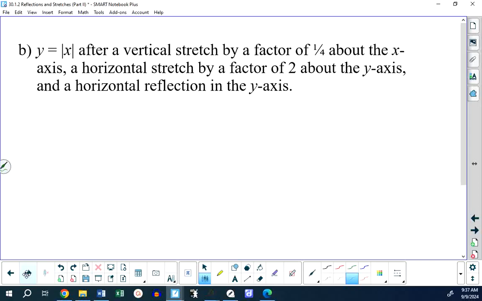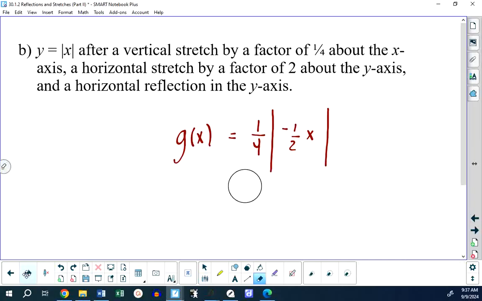I would say that if you're on top of your game and you have learned what you need to learn in this lesson, that you should be able to determine the new function g of x is 1/4 times the absolute value of -1/2 x.